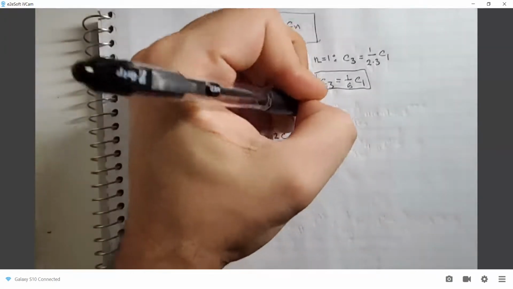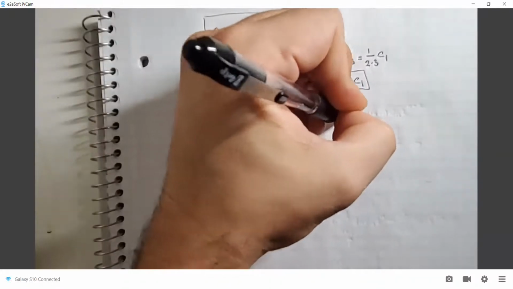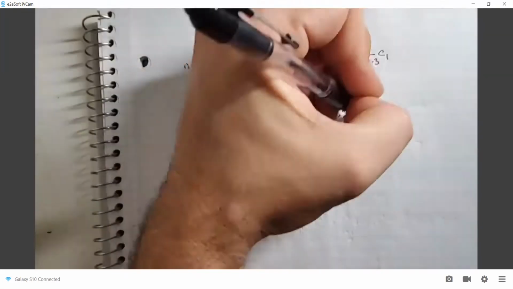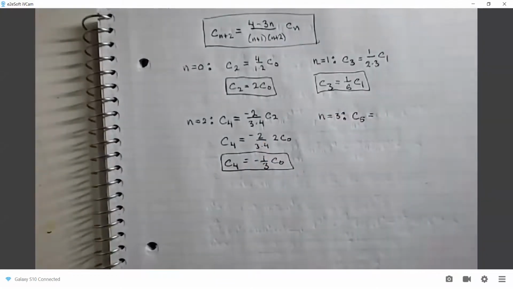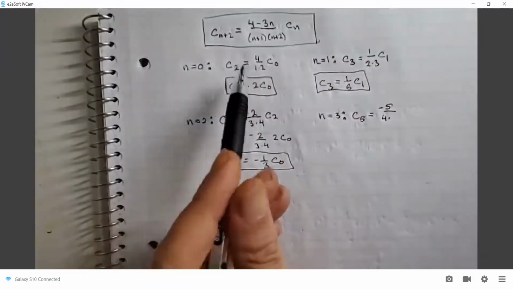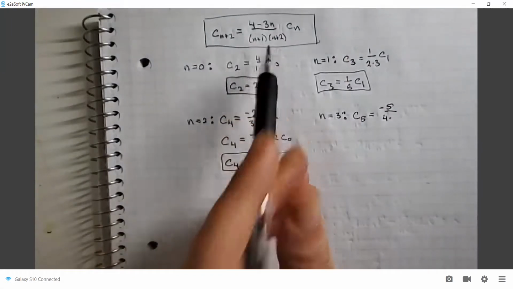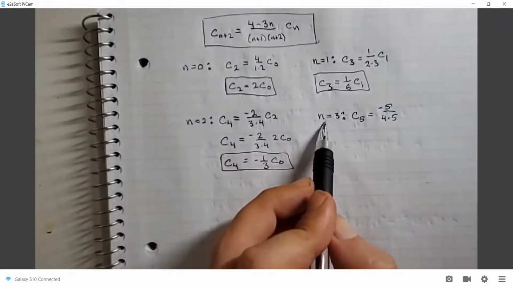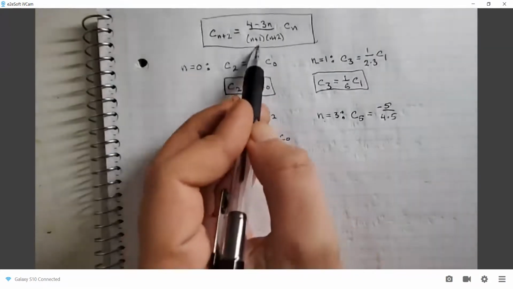And then if I plug in n equals, where are we at? 3? So then what do we get? C sub 5 equals -5 over 4 times 5, because the n was 3. 3 plus 1 is 4, 3 plus 2 is 5.